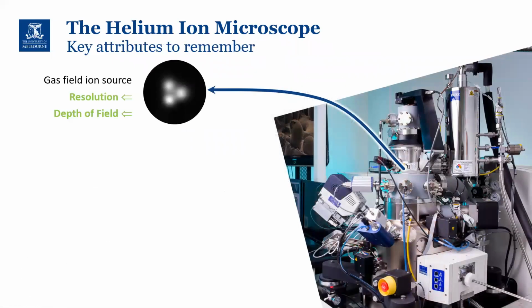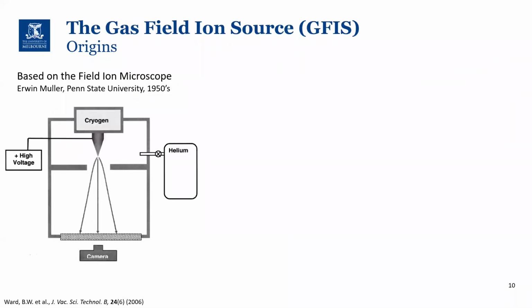Okay, so let's go through how we're able to do that with this microscope. So let's start with the gas field ion source. It's based on the field ion microscope, which was developed in the 1950s, whereby the researchers took a very, very sharp tungsten tip, they cool it down to cryogenic temperatures, apply a high voltage, and then surround it with pure helium.